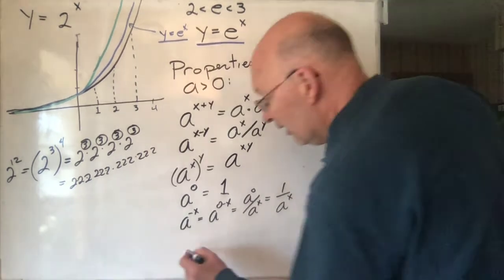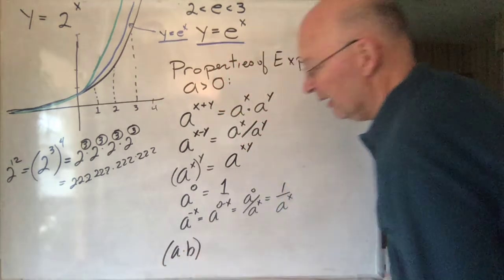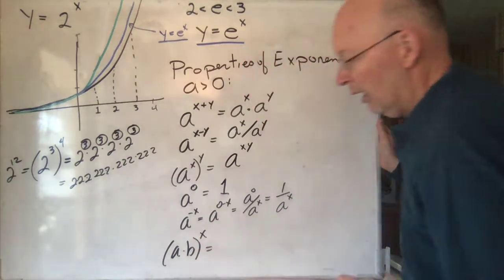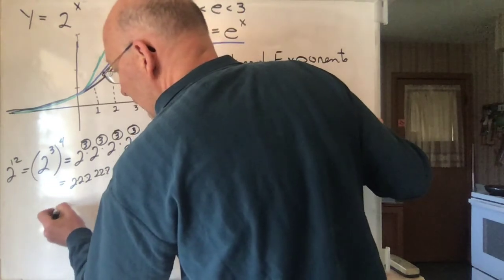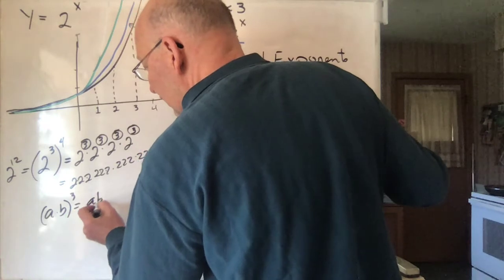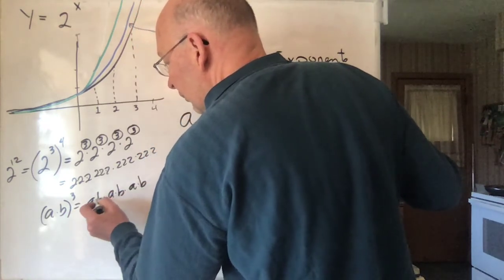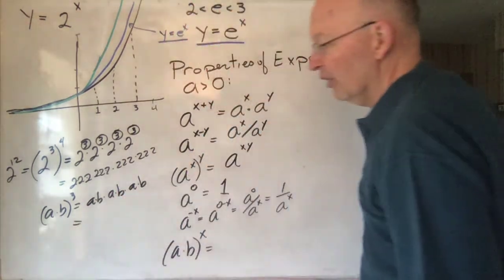And just the last thing is, if you have two things here that are being multiplied, a times b to the x power, well, think about it again. If you have a times b to the 3rd power, what do you have there? You have ab times ab times ab, everything being multiplied, and as long as they're being multiplied, you can change the order.